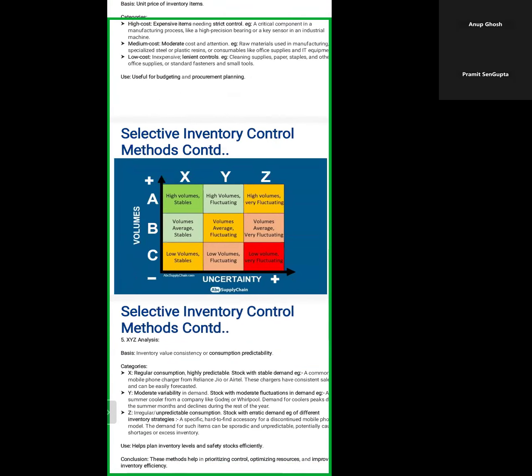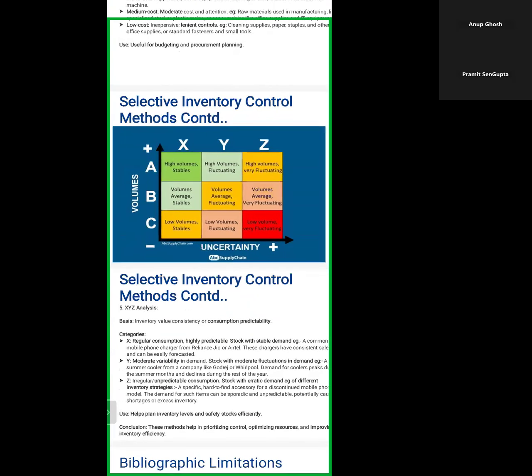Next category of inventory method will be XYZ analysis. Now, before we go deep into XYZ, there is a matrix as we can see on our screen. It talks about a comparison between volumes of production on the y-axis and uncertainty in production on the x-axis.